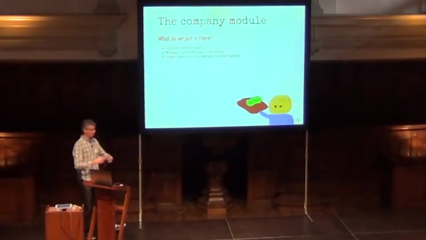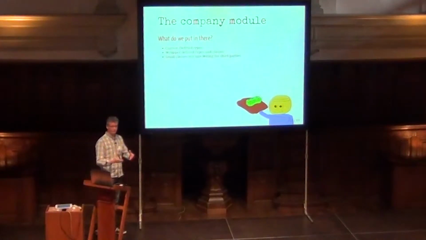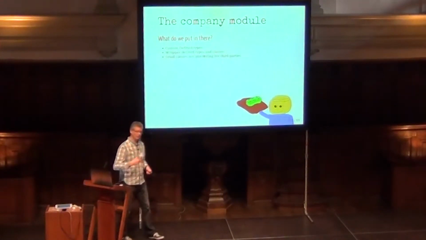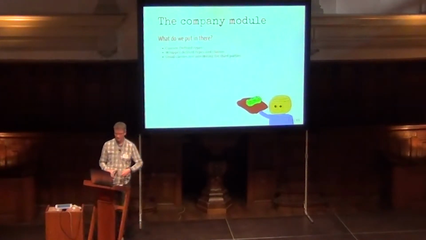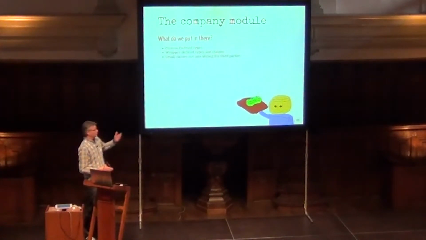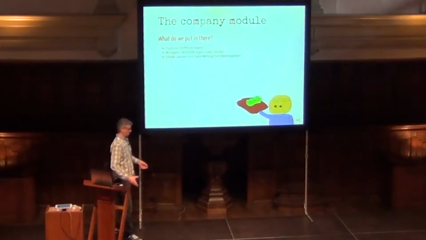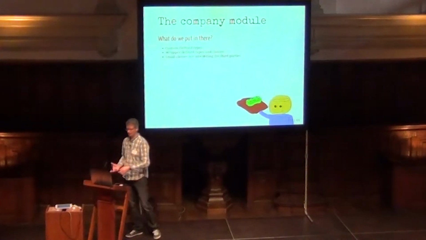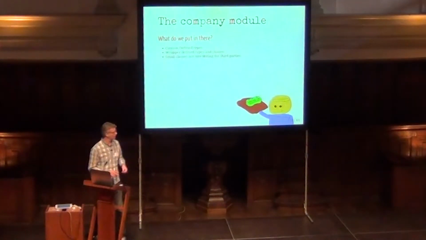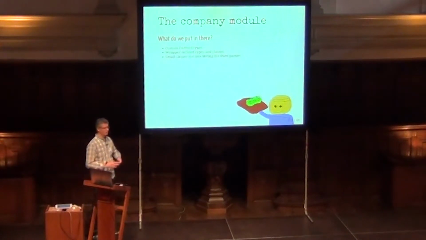So to deploy one of these applications, I've got a defined type because I need to be able to run more than one application on my machine. And the company module is a good place to do that. Nobody else will be interested in this defined type because it's just to deploy my application, doesn't work for anyone else. So I don't have to create a separate module for that or something.